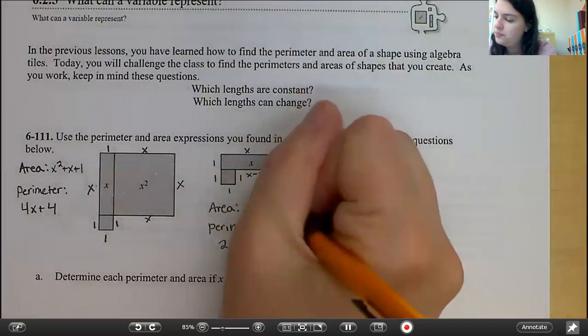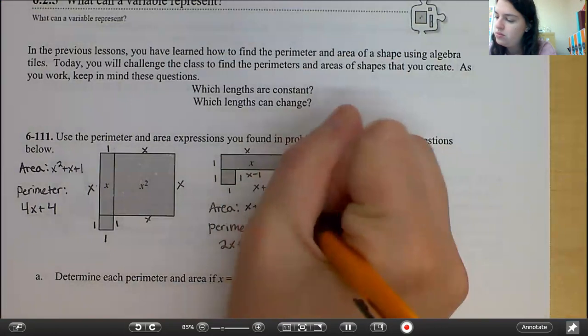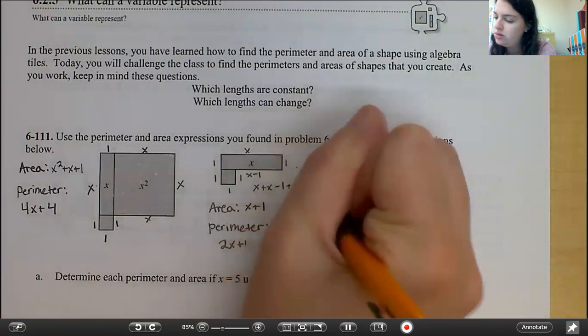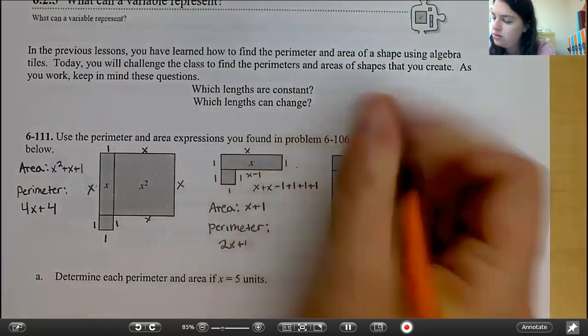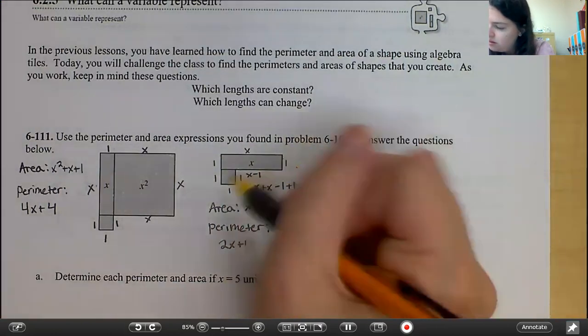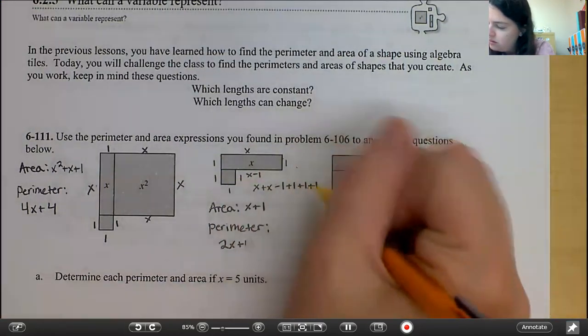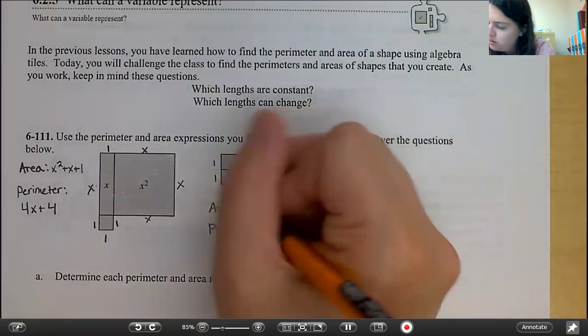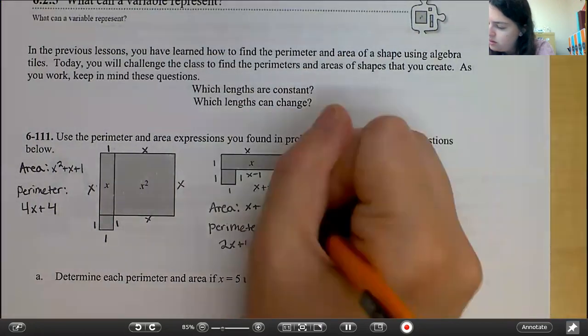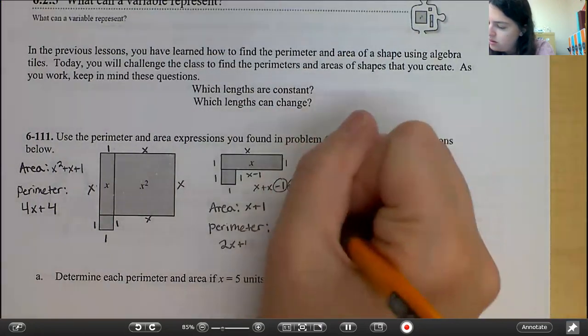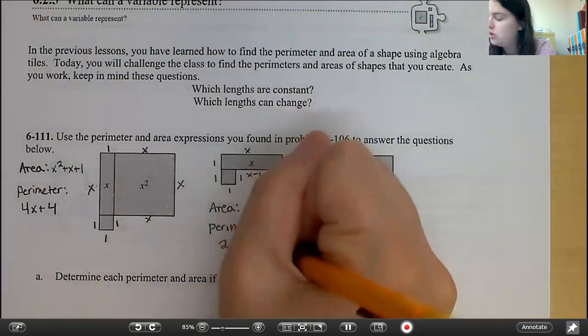Hang on a second. Should be plus 3, I'm sorry.